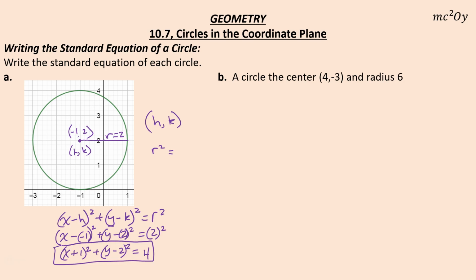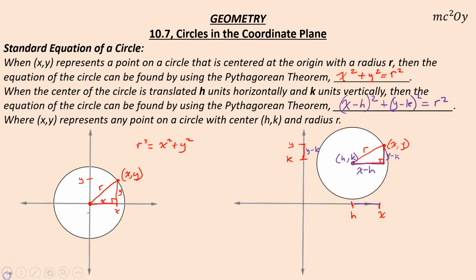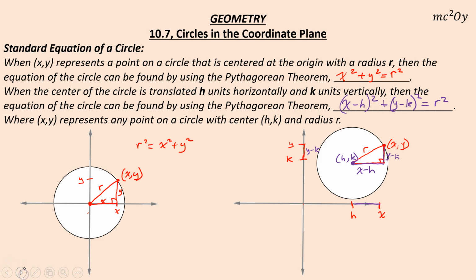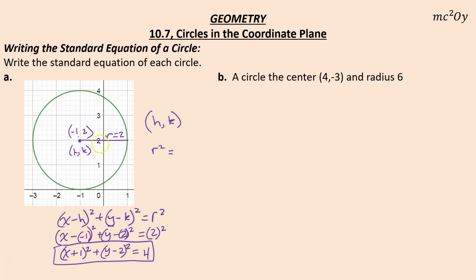One interesting thing to note: when we were in quadrant 1 back there, we had minus h and minus k. When we're in quadrant 2, over here, we have x plus 1 and y minus 2.